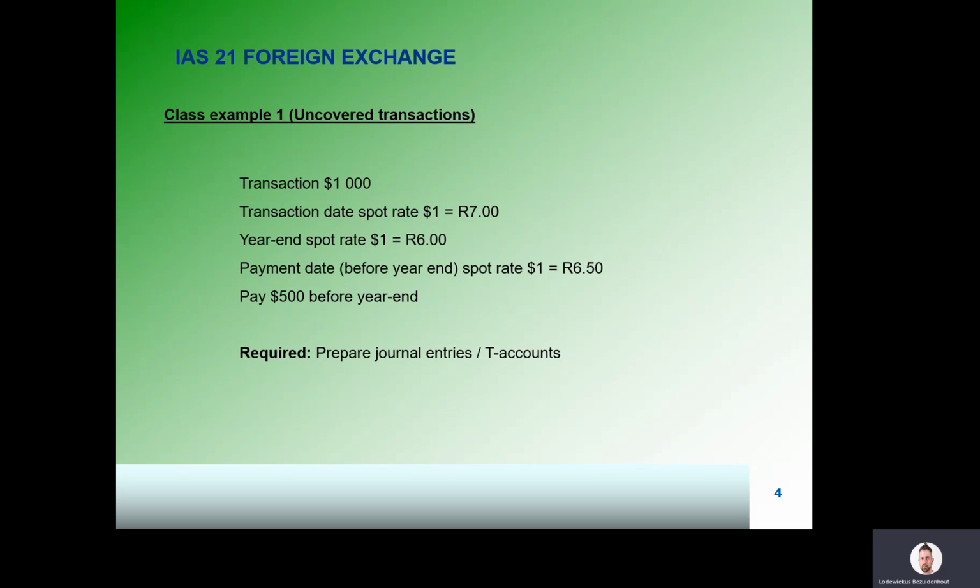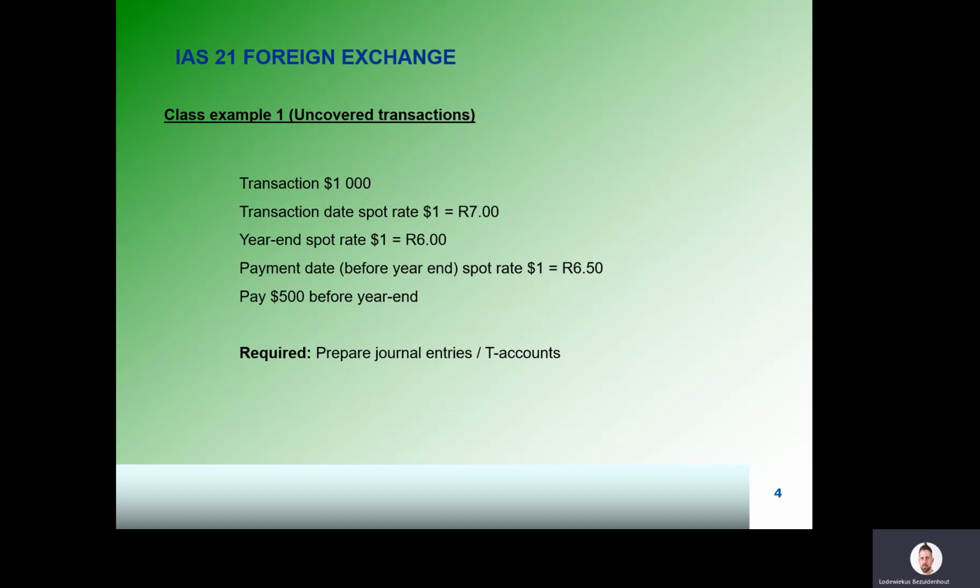On year end, how much is left? Transaction amount was $1,000, we pay $500 before year end, so on year end there is still $500 left. And that $500 must then be restated at the rate on year end.